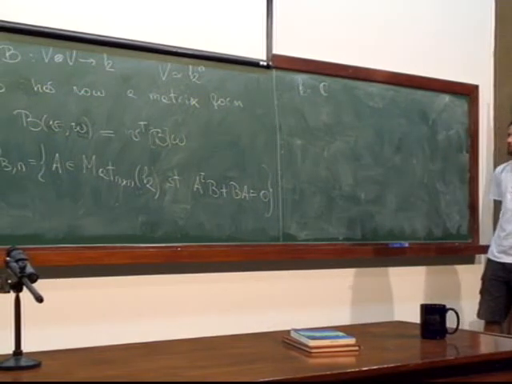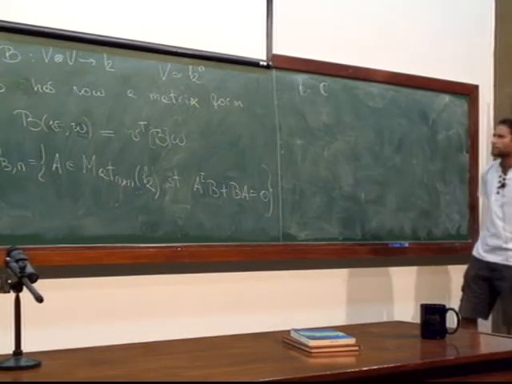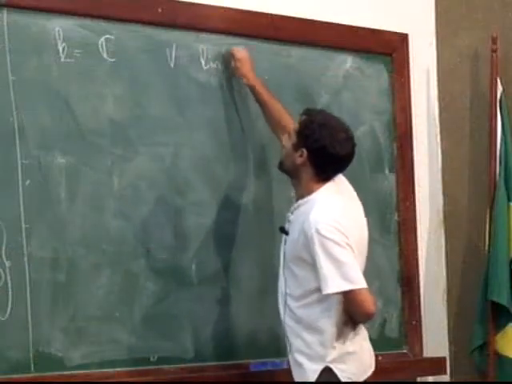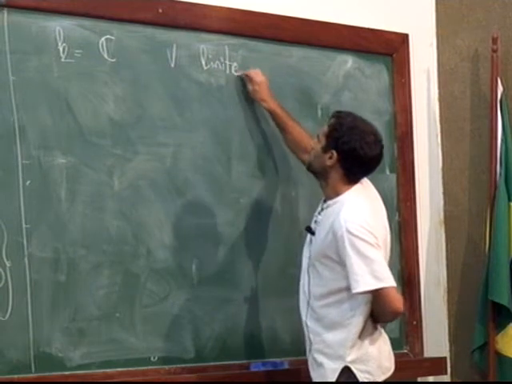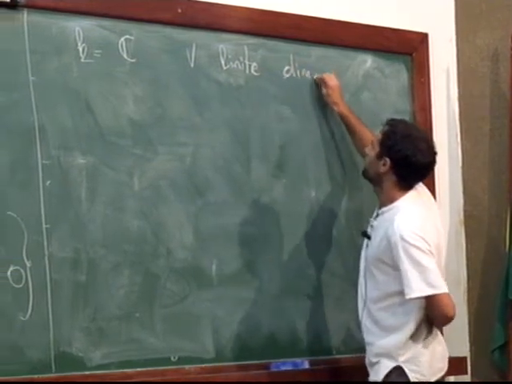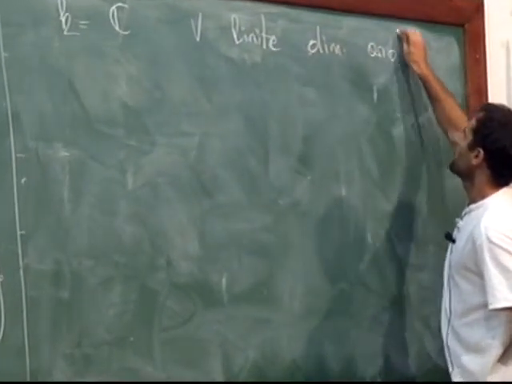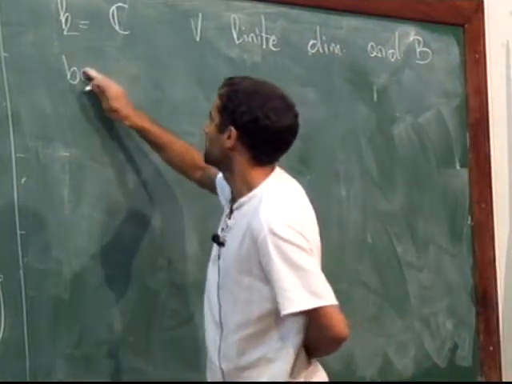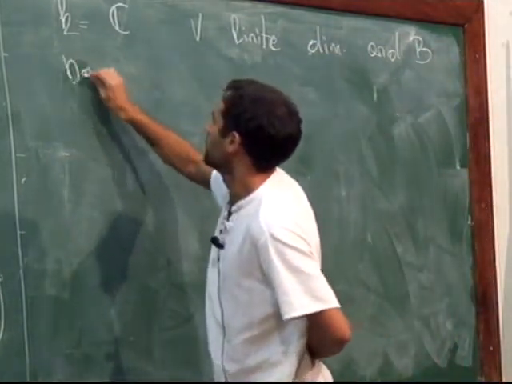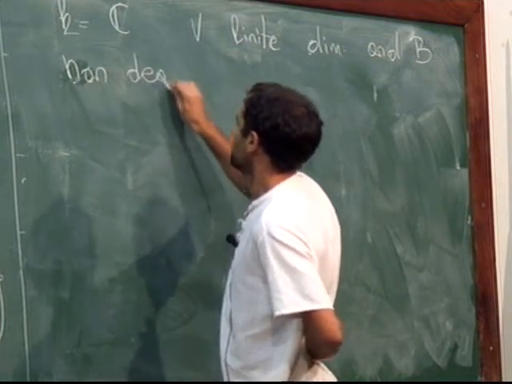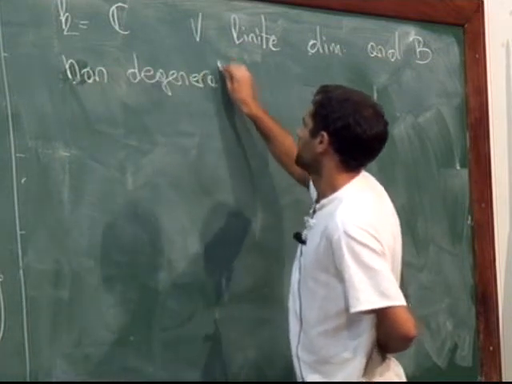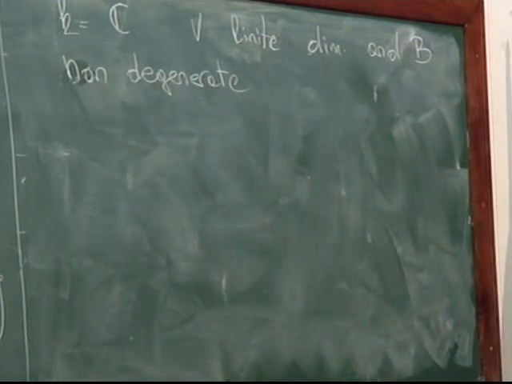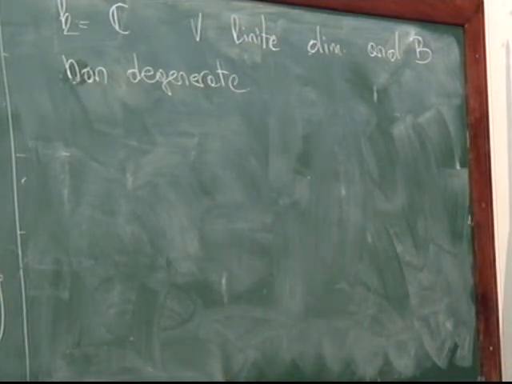So let's think of V being finite dimensional, and B being non-degenerate, something like the determinant of this matrix being non-zero. Then we can think of two examples.